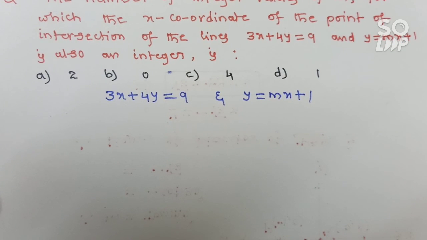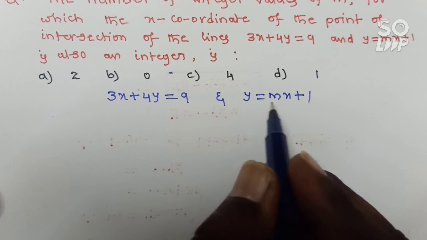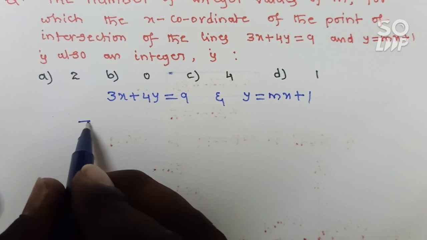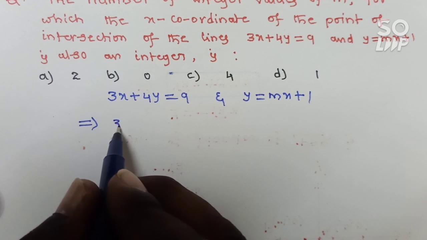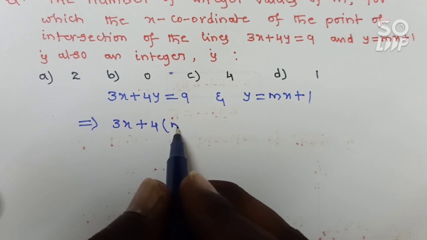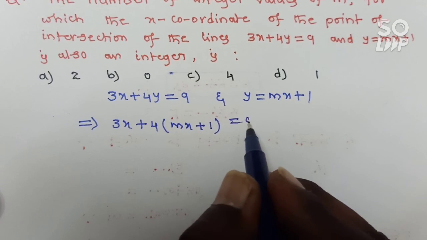Now to find the x coordinate we should eliminate y. You know y is equal to mx plus 1. Substitute in the first equation. That implies 3x plus 4 into (mx plus 1) is equal to 9.